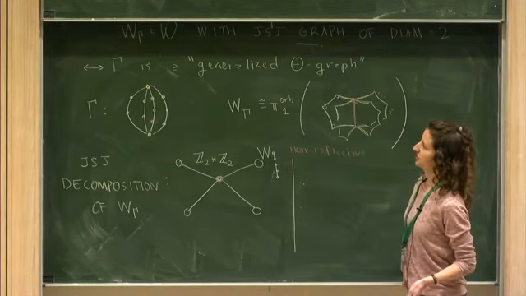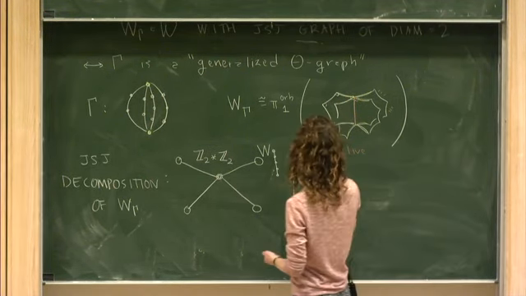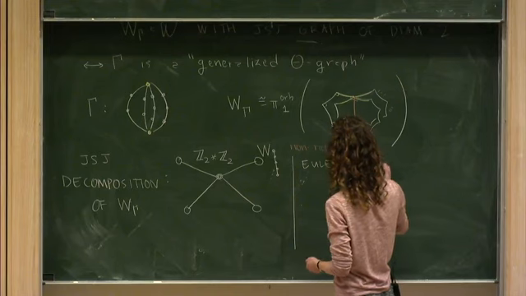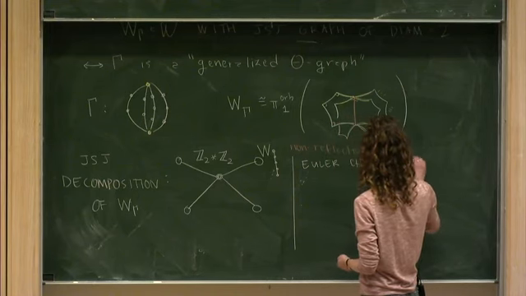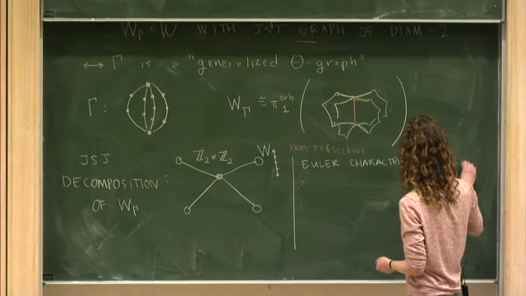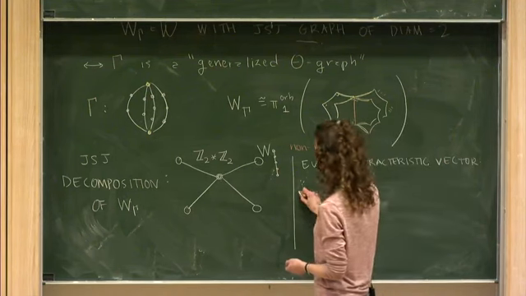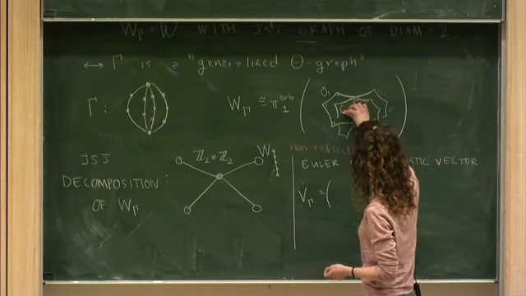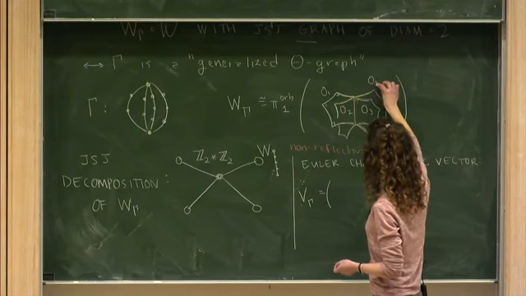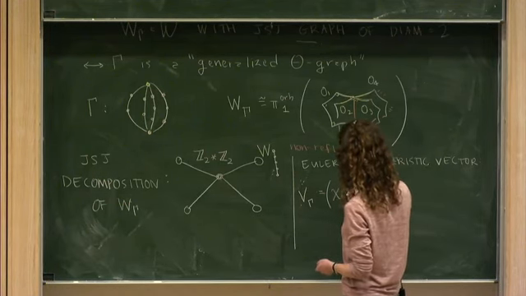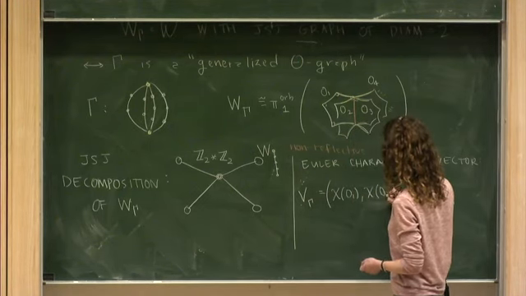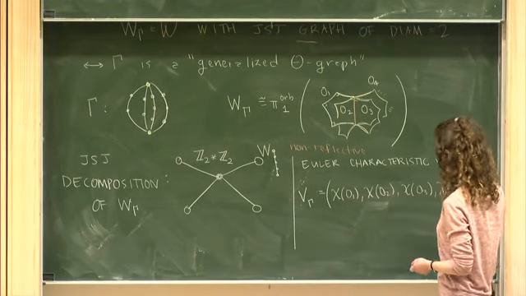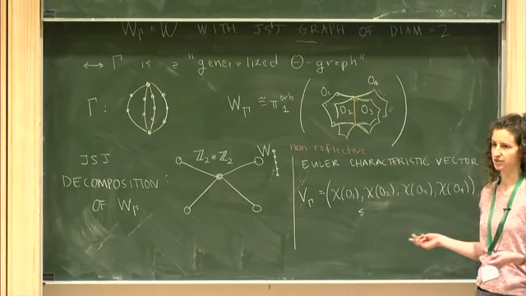To give the commensurability classification, we need to record more data, and we do that using what we call the Euler characteristic vector, which I'll denote by V gamma. And it just records the orbifold Euler characteristic of the orbifolds you've glued together along the non-reflection edge, listed in non-decreasing order, so it's unique.